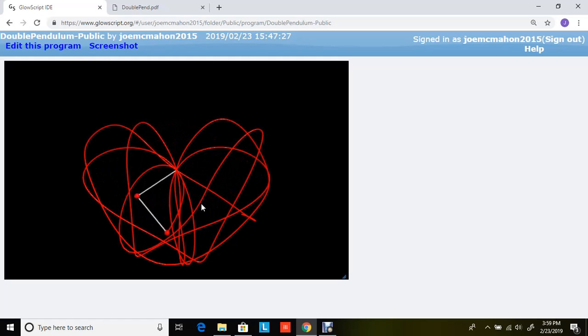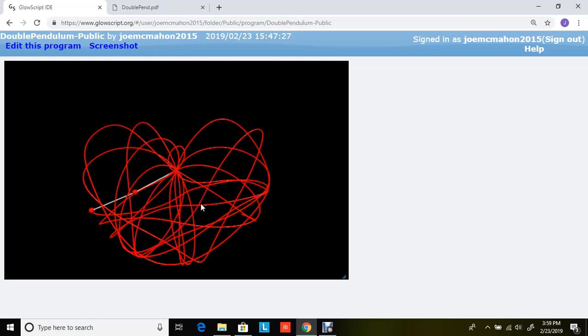Yeah, so as you can see, the behavior is really similar to a double pendulum. I can't think of any sort of behavior this has that it shouldn't have if it's a double pendulum.